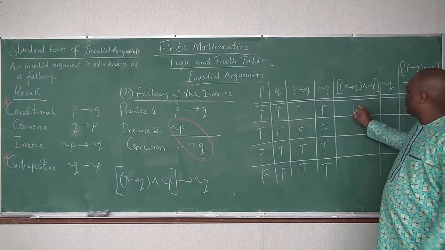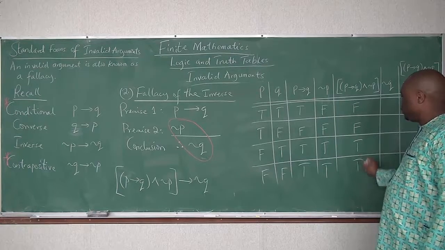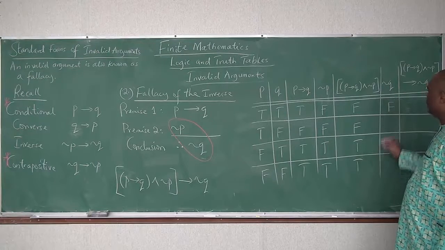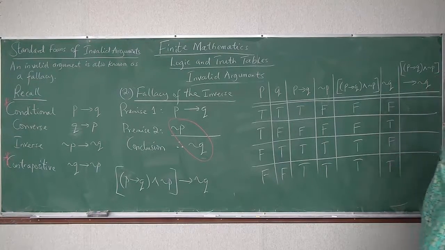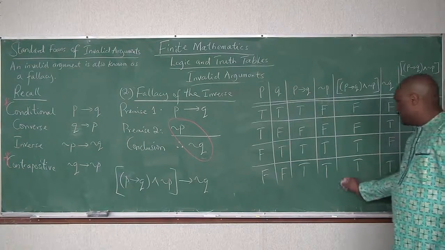Then true and false is false, false and false is false, true and true is true, true and true is true. Not Q: not true is false, not false is true, not true is false, not false is true. Then false implies false is true, false implies true is true, true implies false is false, true implies true is true. So because we have false here, it is not a tautology.